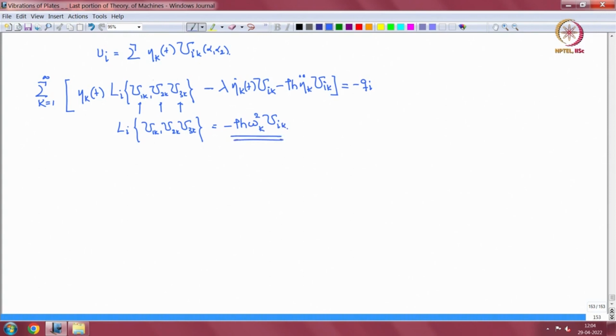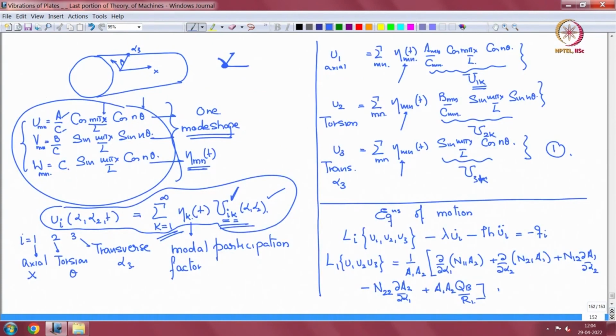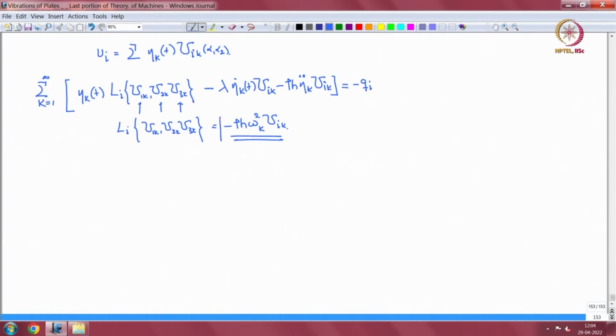This operator is complicated, but it amounts to this, which simplifies life.